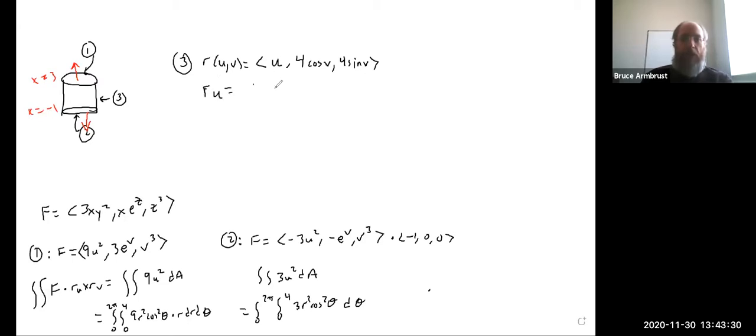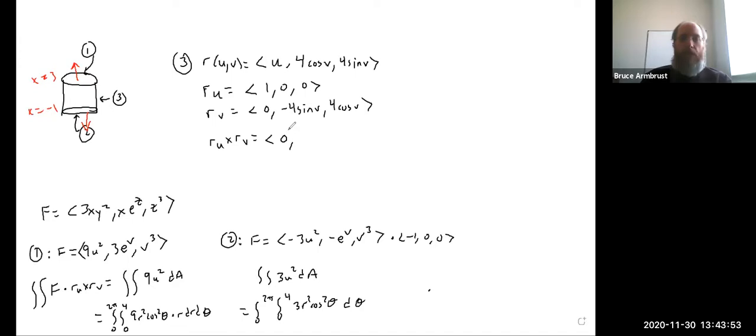So we need RU. It's going to be 1, 0, 0. We need RV, which is 0, minus 4 sine, 4 cosine, which makes RU cross RV be 0.